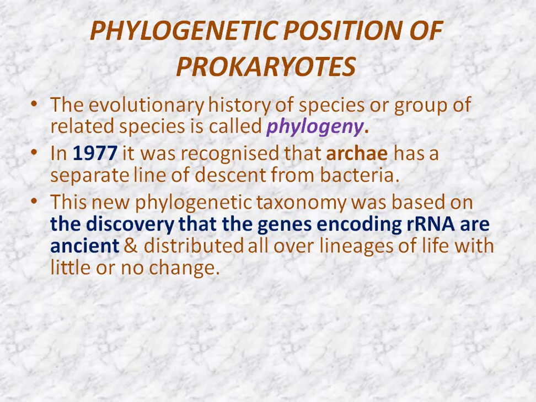This new phylogenetic taxonomy was based on the discovery that genes encoding ribosomal RNA are ancient and distributed all over lineages of life with little or no change. Means the genes that code ribosomal RNA are the most ancient genes, and from ancestral organisms to the modern organisms, they are distributed in a similar manner, and they change very little.